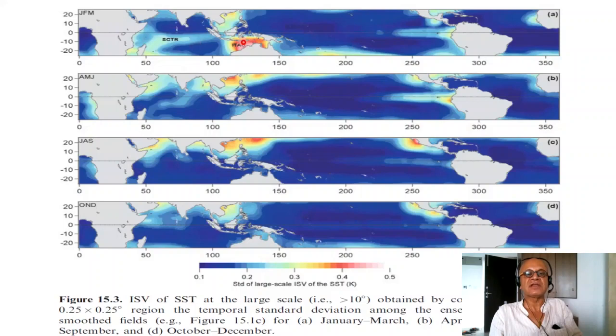So you can see that large scale intraseasonal variability here now shows much more clearly the Seychelles-Chagos thermocline ridge, low frequencies or large scale rectifications of the intraseasonal variability.